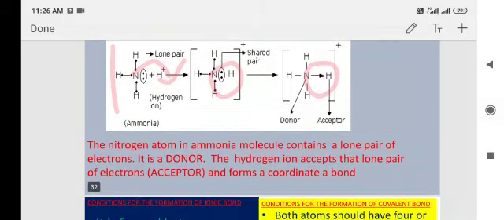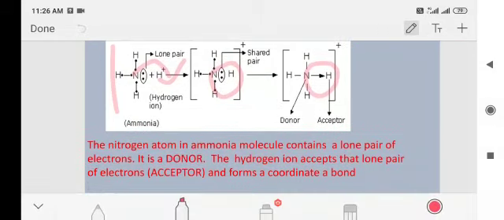So here you will find the nitrogen atom in ammonia contains a lone pair, which is called a donor. The hydrogen ion accepts the lone pair and is called an acceptor. So in an ordinary covalent bond, electrons are shared between 2 atoms and each atom contributes 1.